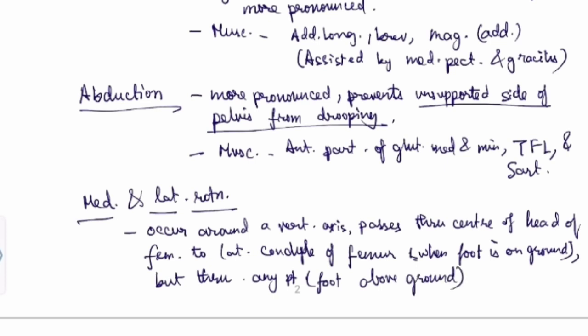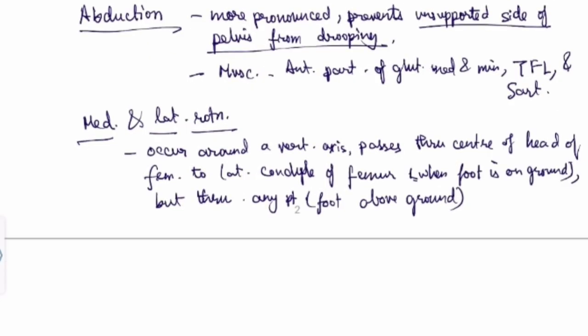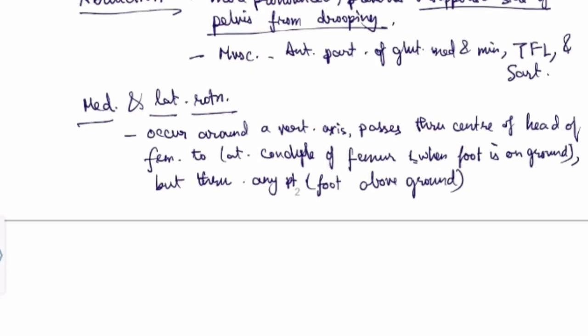Whenever I talk about a movement, always try to mention its axis of movement. So I hope you understand what medial and lateral rotation is. Let's go over to the muscles.